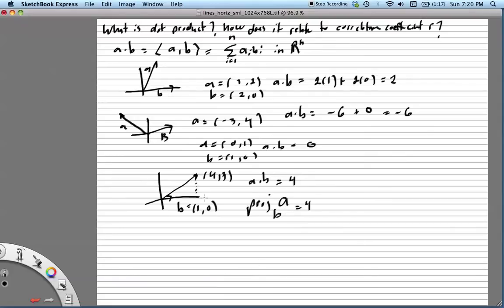Now, in fact, B may not have been a unit vector, but we could have very easily made it a unit vector by dividing by its own magnitude.